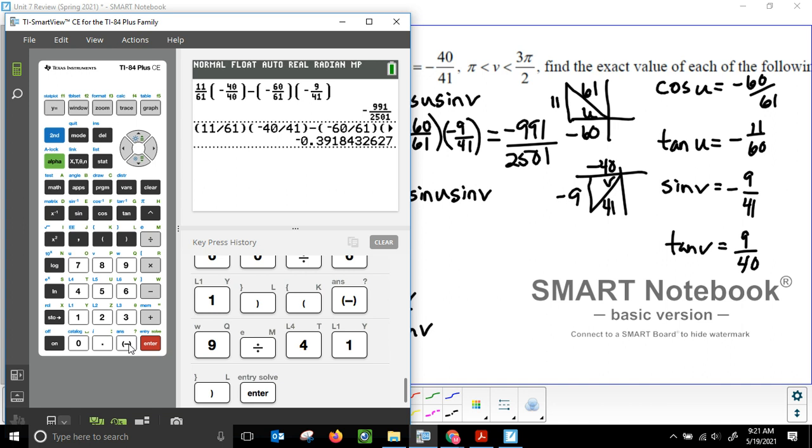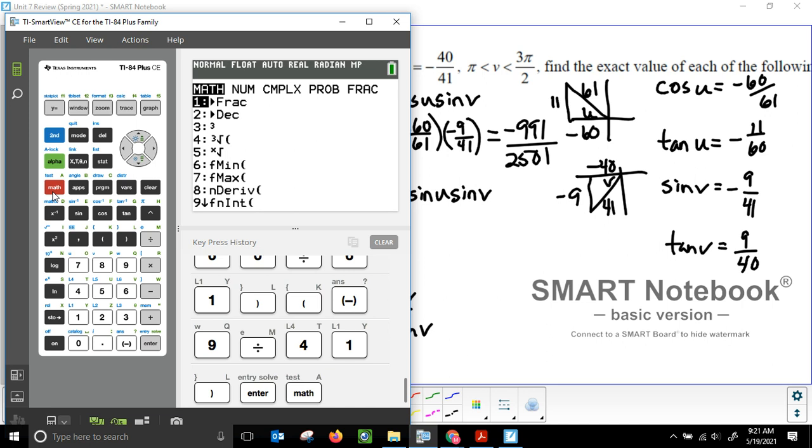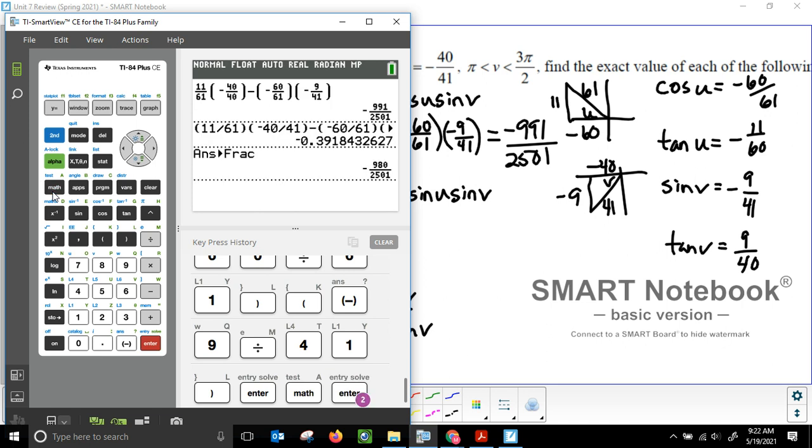I just typed that in way faster. But if you want the fraction, you can just hit math and then this first command that says to fraction, answer to fraction.